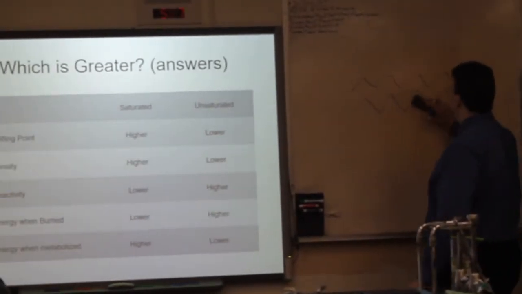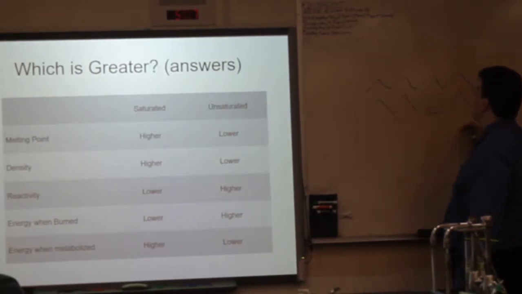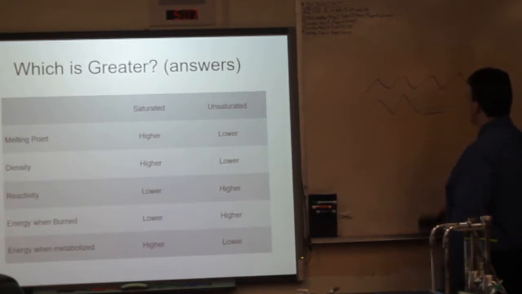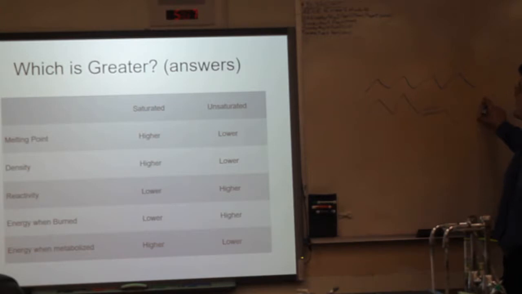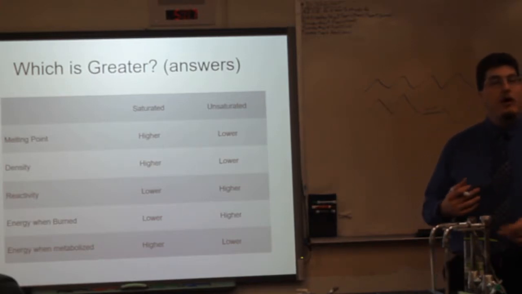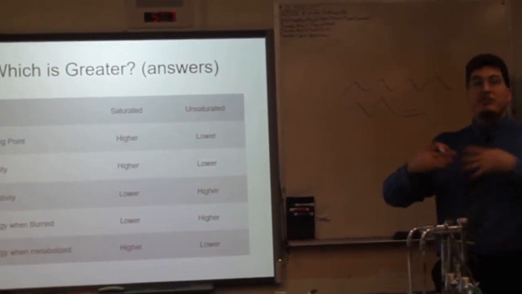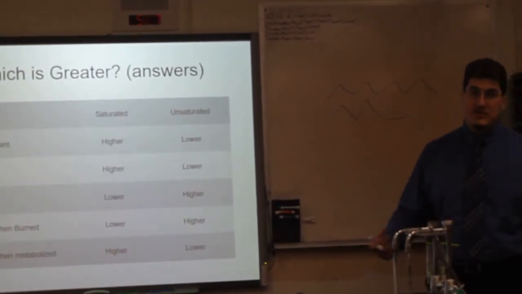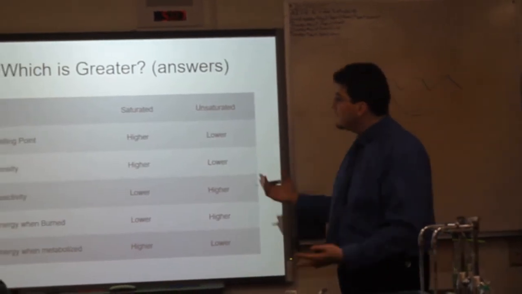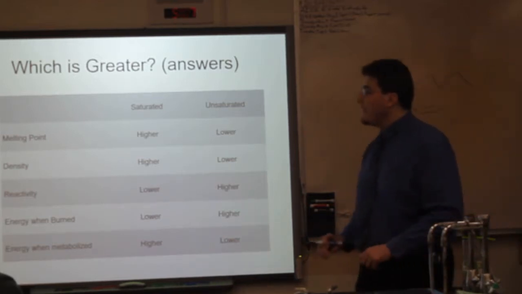But as soon as you put a double bond in that chain somewhere, eventually what you're going to end up having is you're going to have more space right here, and they're going to separate more, and they're going to have less of a van der Waals force interaction, and less interaction between molecules means that they will separate more easily at lower temperatures, which means they will have a lower melting point. So an unsaturated fatty acid will have a lower melting point.